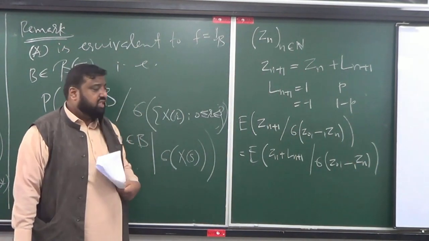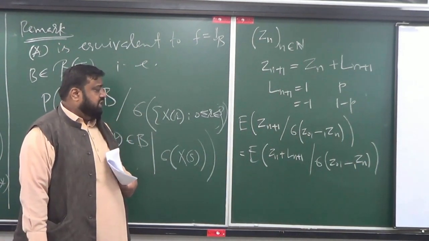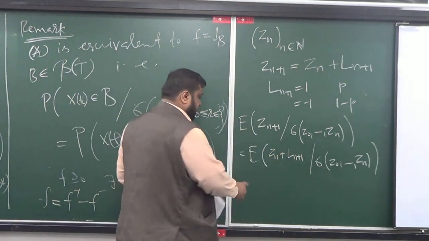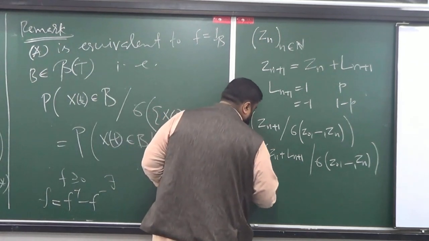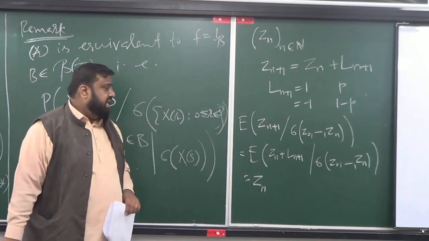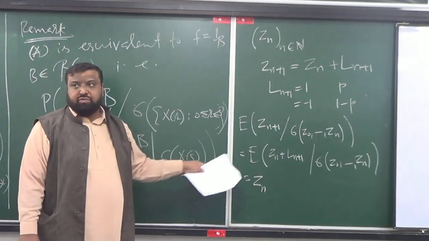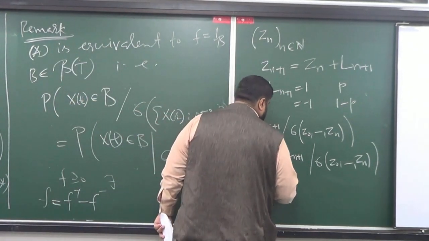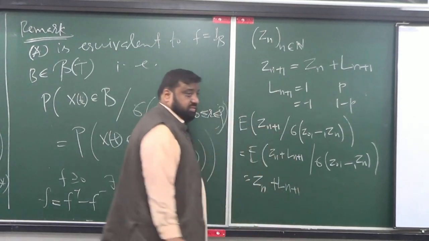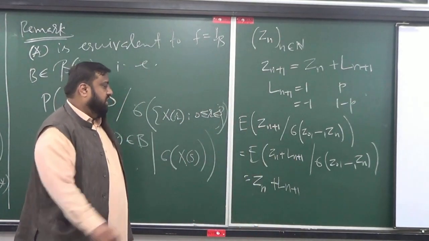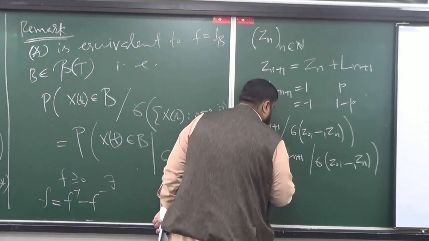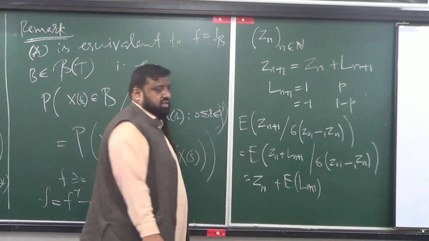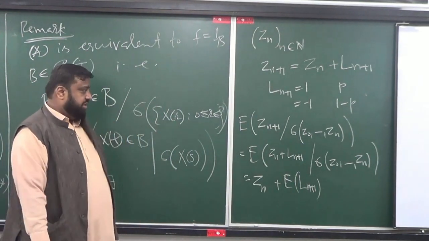Right. So what would be the conditional expectation of Z_n? It is measurable here, so taking out what is known tells you that this is Z_n. And L_{n+1} is independent of all of these arguments, right? So this must be the expectation of L_{n+1}, which is 0. Sure. Okay.